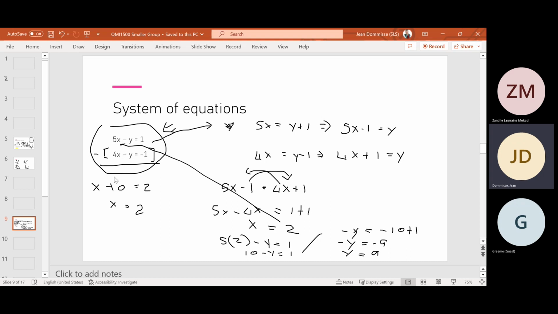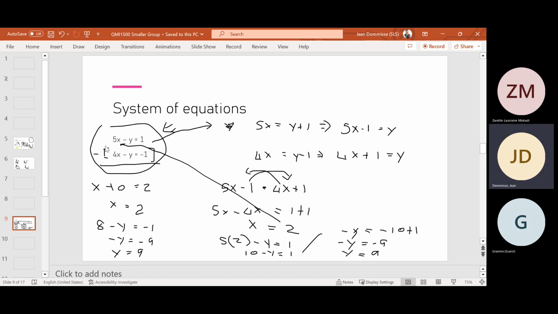And if I put it back into it, 4 times 2 is 8, minus y is equal to minus 1. If I do this again, minus y is equal to minus 9, which is exactly the same as I got at the other one.